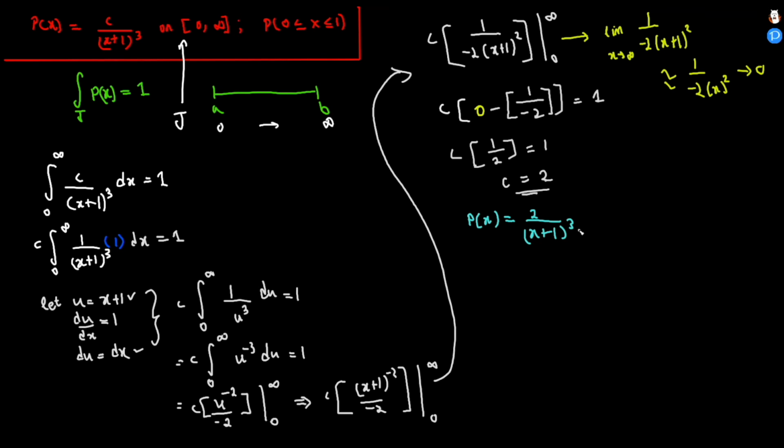Okay, so now we have this equation. The first thing we had to do is solve for this c value, right? Now that we have this equation, we can use that to get the probability that we're interested in.